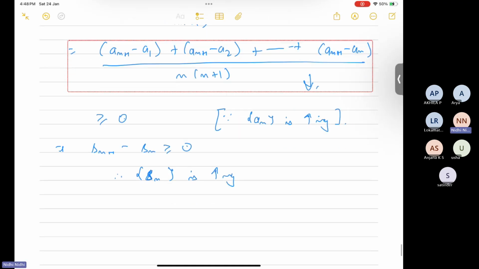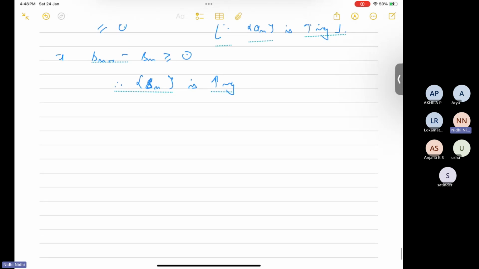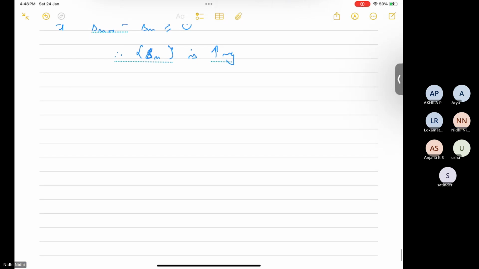Next, we will show that if the sequence is convergent, if it is converging to some A, then Sn will converge to A as well.